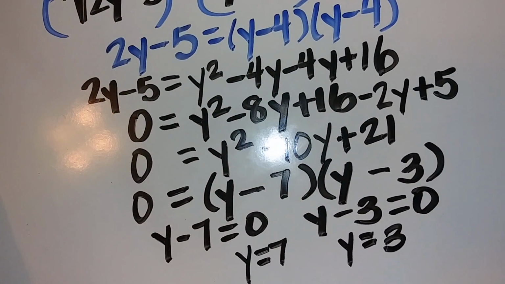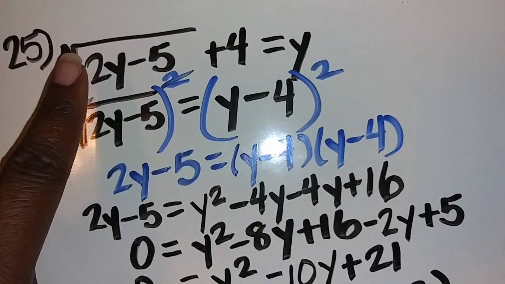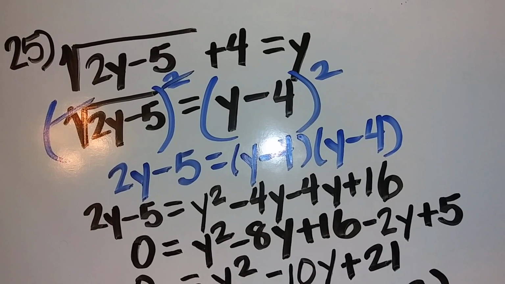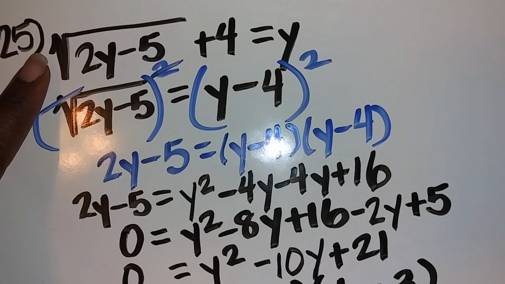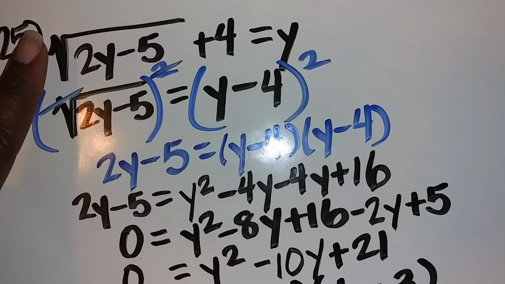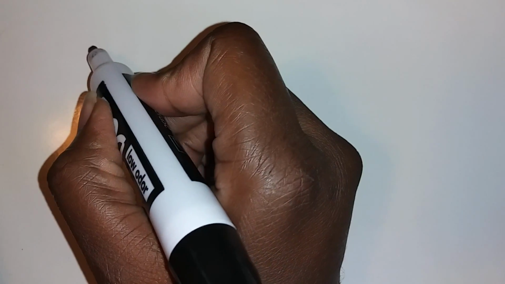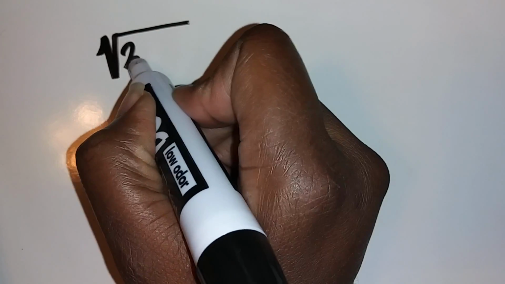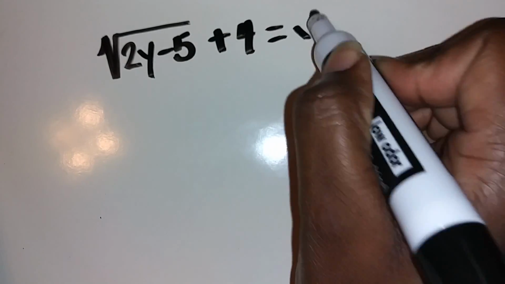Now, what I would do is I'm going to take the 7 and plug it back into the original radical to see if the left side equals the right side. And then I'm going to take the 3 and plug it back into my original problem and see if the left equals the right. So let's check that right quick to see what happens. So again, on 25, we had the square root of 2y minus 5 plus 4 equals y.